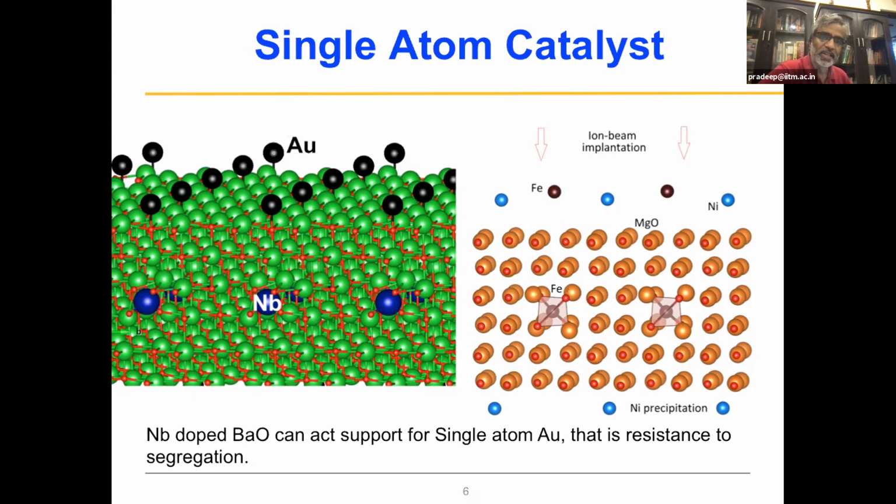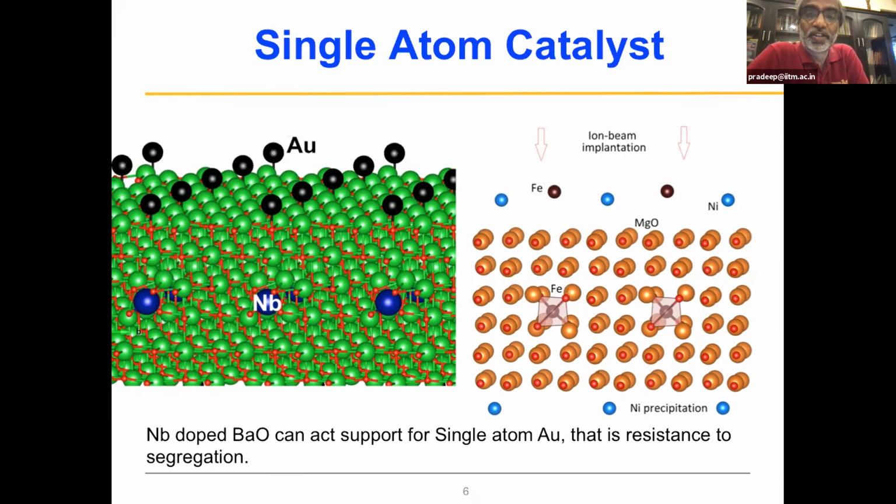I was curious, because several of our friends do single atom imaging with HAADF imaging and several such techniques, and also people who do NEXAFS and EXAFS and such experimental work. So I was curious what you see.